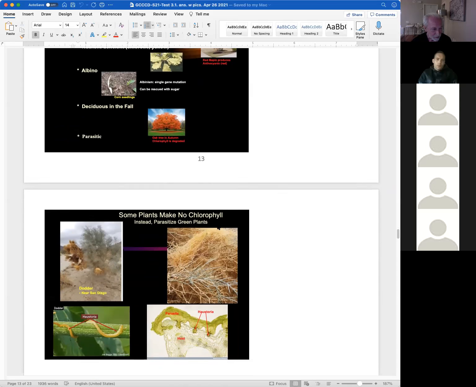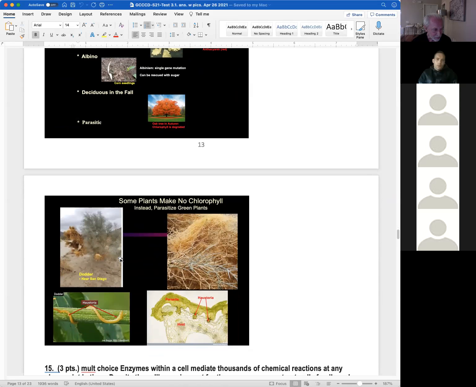Or finally, and these are actual pictures from the desert east of San Diego, you see a green plant here with a yellow patch. This is a parasitic plant called dodder up close. And the way it gets its nutrition, it has no chlorophyll at all.